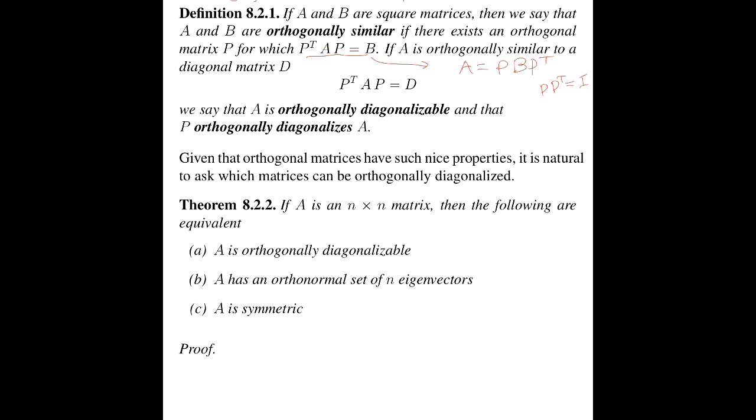So now if A can be orthogonally diagonalized by orthogonal matrix P, then we can write A like that.